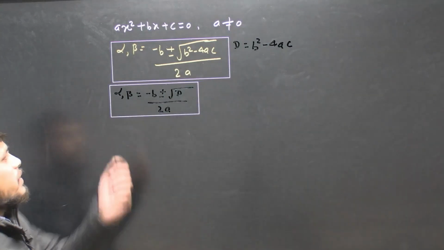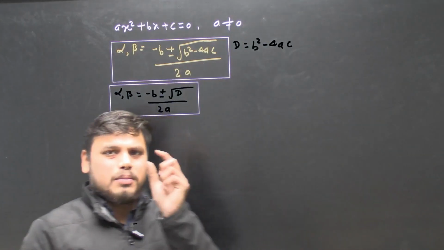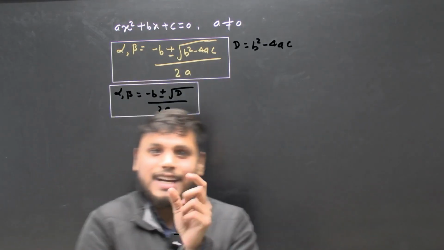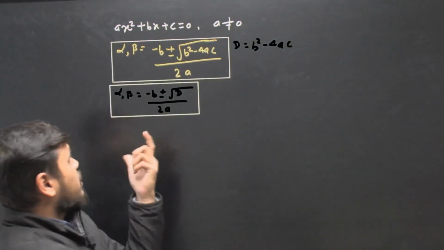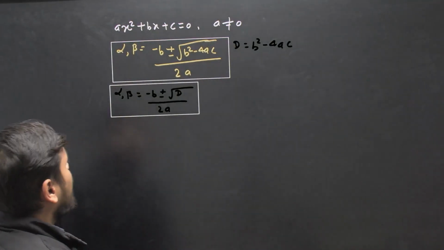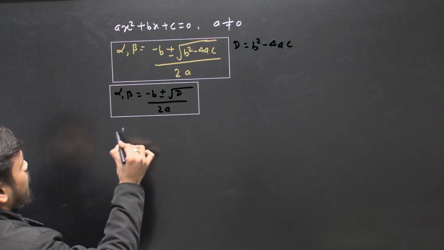Now if we are going with the plus sign, we call it alpha, minus b plus root d upon 2a. If we are going with the negative sign, minus b minus root d upon 2a, then we call it beta. Now we are interested in the difference alpha minus beta.